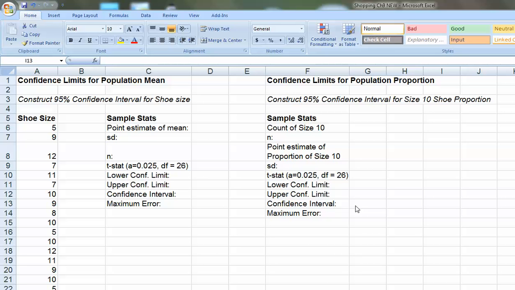The two left-hand columns of this figure are equations for calculating a confidence interval for the population mean, and the one on the right is for calculating a proportion. And what is that proportion all about? Well, in the example that I'm going to show you on Excel, I'm going to calculate the confidence interval for shoes of size 10.